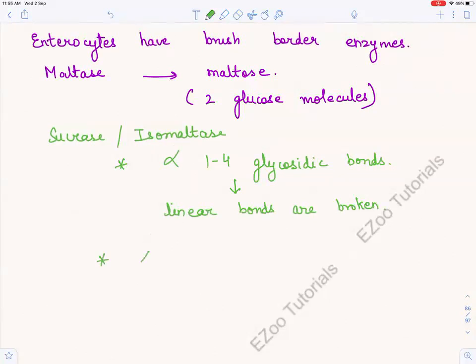It will also work on alpha 1 to 6 glycosidic bonds, and then the branched bonds are broken. Understood? Very easy to understand.